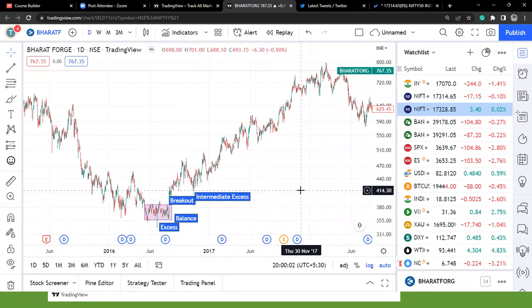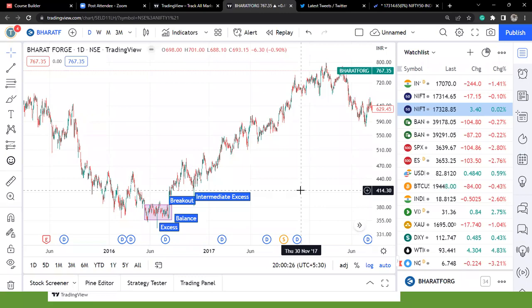As I said, you don't see this kind of pattern very frequently. So recently, ITC, I think Lupin also, we almost had that. But I'll tell you when the excess fails. If you know where the excess is working, you also should know where the excess is failing, right? I'll tell you where the excess will fail.